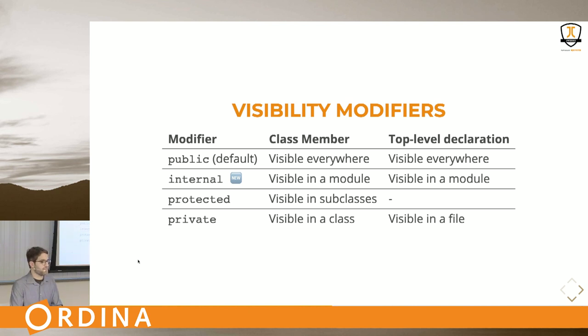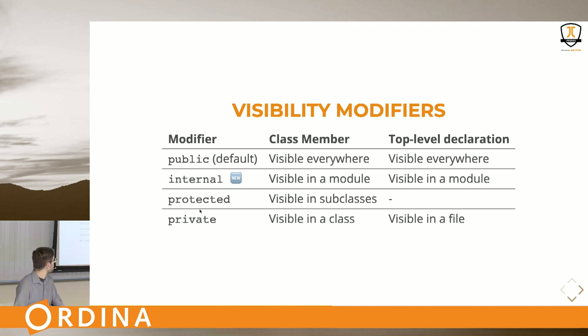And internal basically means that something you define is only visible within a module. And a module is, for instance, a Gradle module. So you might have a web service module, and then everything you define there as being internal is only visible within that project. So that's good if you have multiple projects. You don't accidentally export something by making it public. It stays within that module.